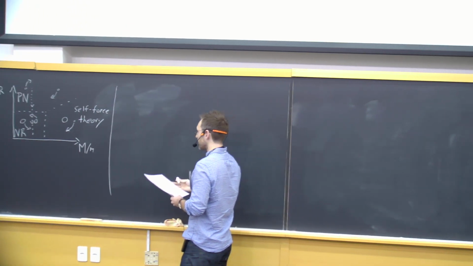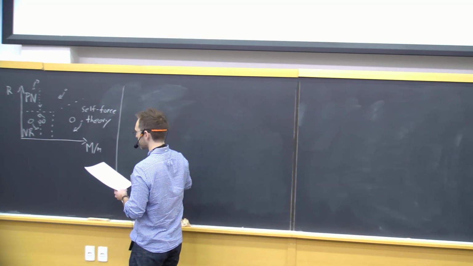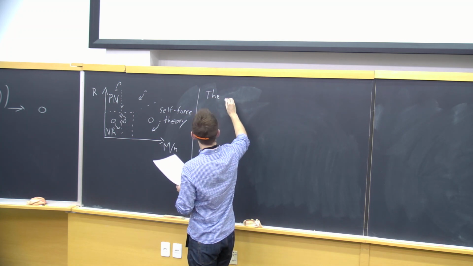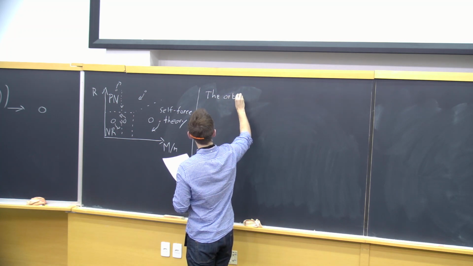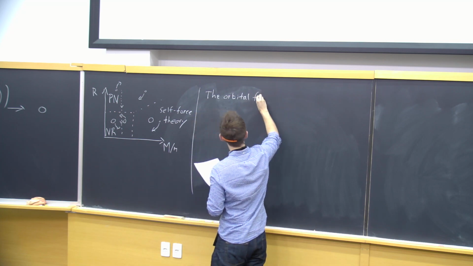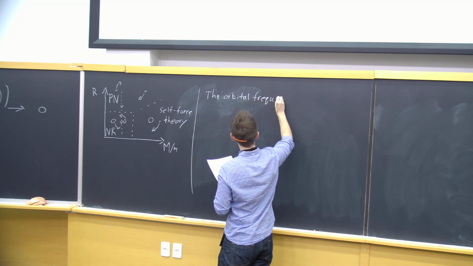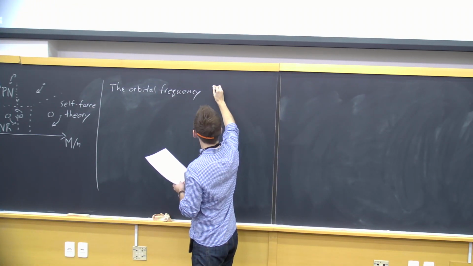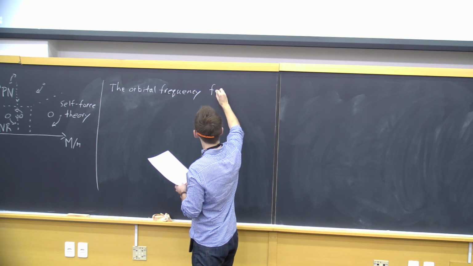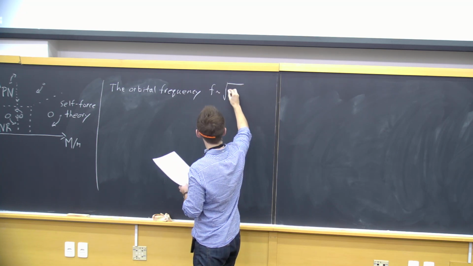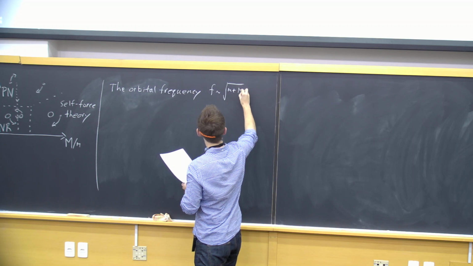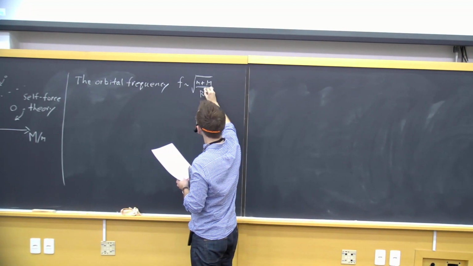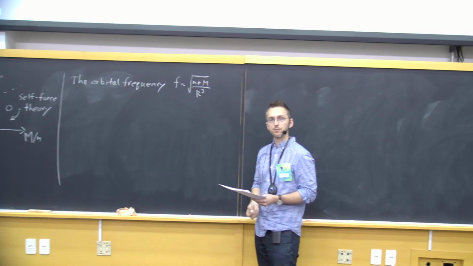Now, these different types of binaries are observable by different detectors. The orbital frequency of a binary is roughly given by the Keplerian formula, which is the square root of the total mass divided by the orbital separation cubed.